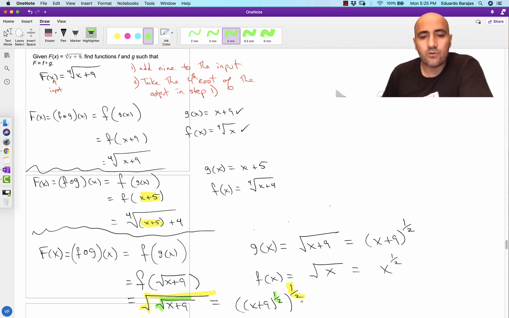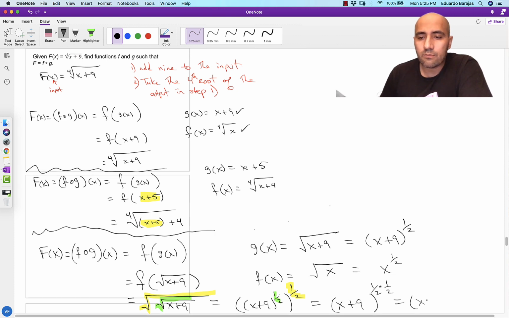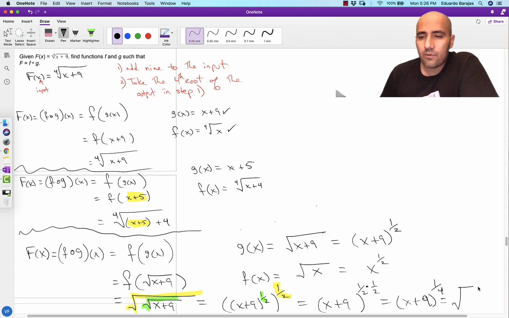So that's what this one is equal to, 1/2. And then those simplify to just give me x plus 9 to the power of 1/2 times 1/2, which is equal to x plus 9 to the power of 1/4, which is exactly what we wanted, the fourth root of x plus 9.